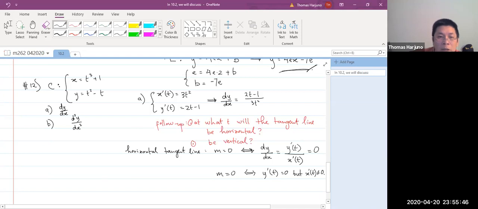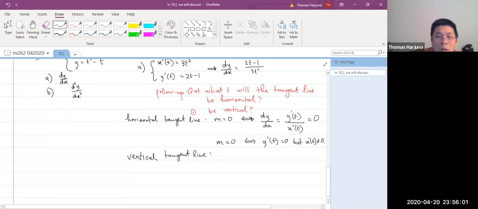How about vertical tangent line? That's when the slope is undefined. Now we can say that when dy/dx is undefined, but actually I prefer to say that dx/dy equals 0.